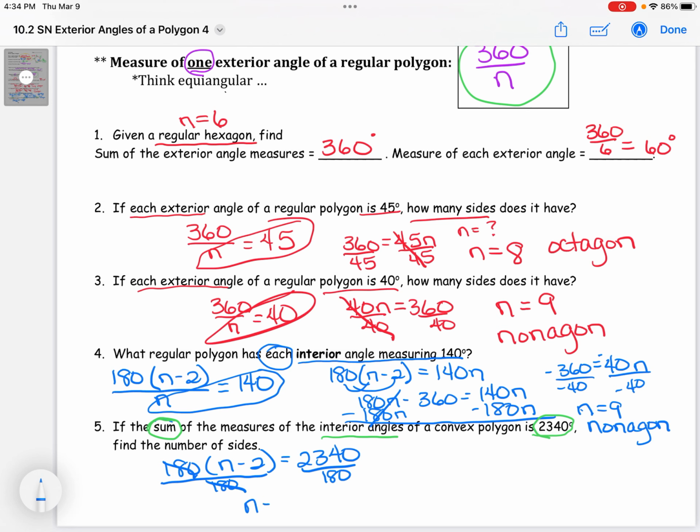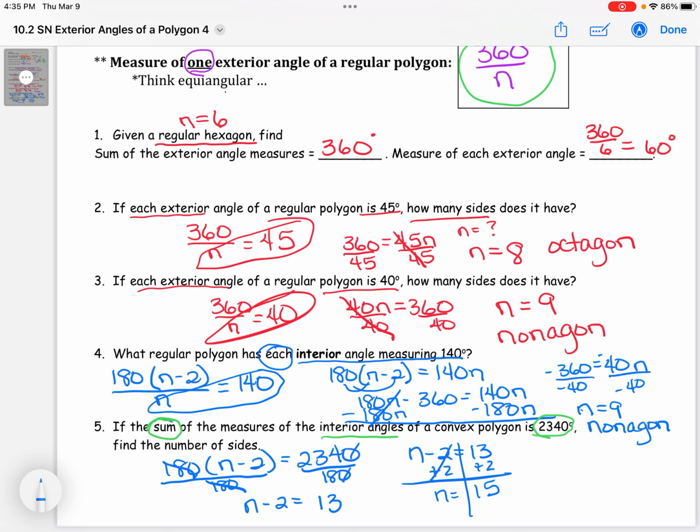So I have n minus 2 equals, and 18 goes into 230 13 times. So n minus 2 equals 13, but I need to add 2 to both sides. So I end up with n equals 15.